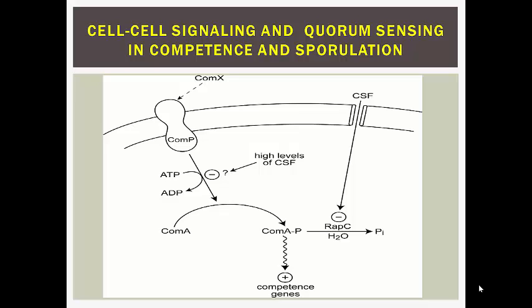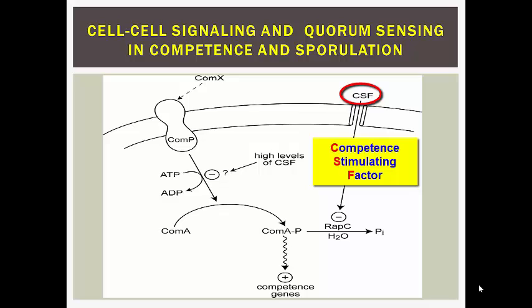In Bacillus subtilis, both the initiation of sporulation and competence development are regulated in part by high cell density. There are two peptide pheromones that accumulate in the extracellular media at high cell densities, or during the late exponential phase of growth. These pheromones are COMX and CSF, which stands for competence stimulating factor.